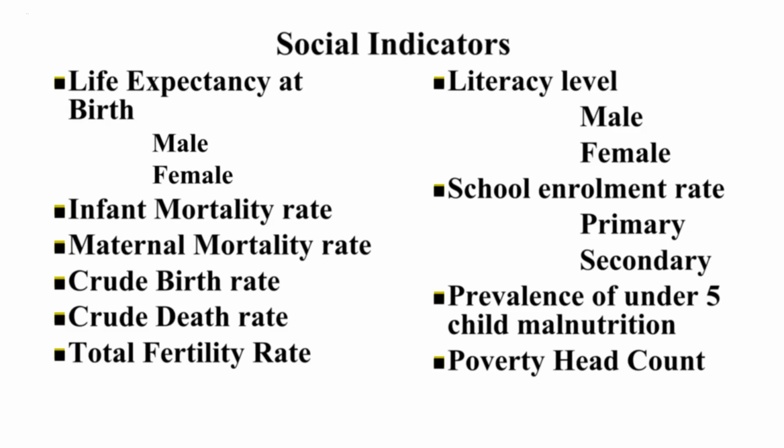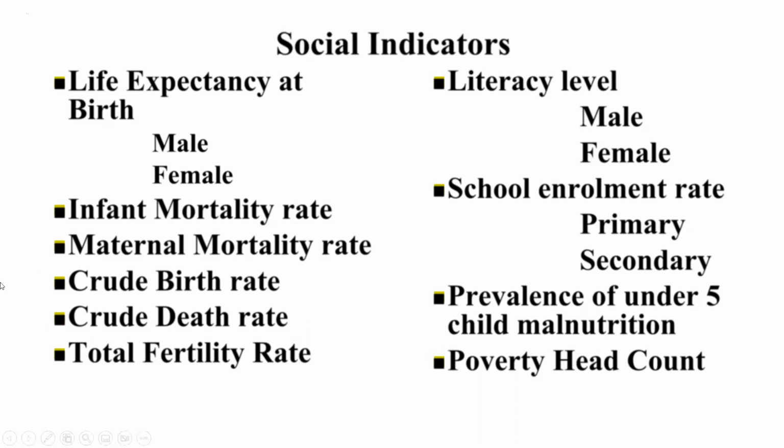Then when they give a prescription to buy from outside, people may not be able to buy those medicines. Then you can see what kind of impact there is on the social indicators.